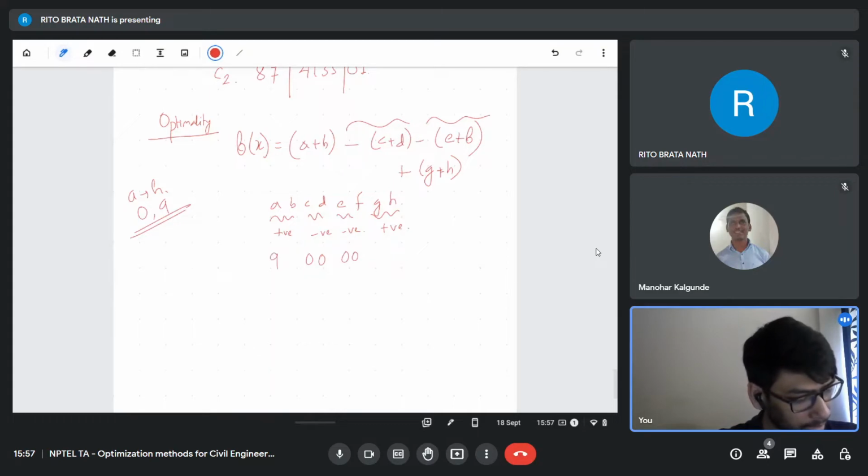And this part, say 9, 9, you can set. So you are getting 18 from this portion and again 18 from this portion. So that means a plus b you should maximize, g plus h you should maximize, and c plus d and e plus f you need to minimize. So this is the string that will be x optimal.